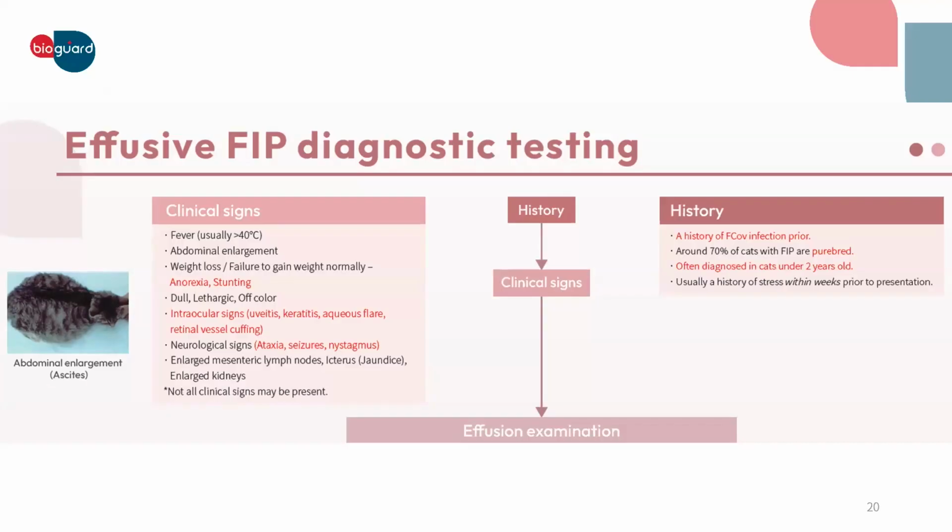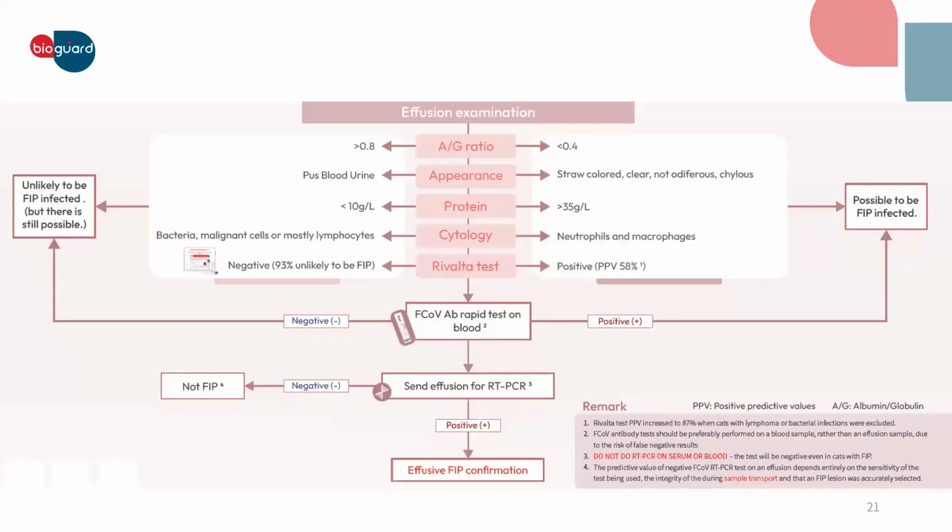Once it is identified that it could be an effusive form, the effusion or liquid examination has to be done, right? So after taking the history and clinical signs into account, and the symptoms that are more specific for an effusive FIP, the examination can be done through testing the A to G ratio, as well as the protein levels and the Rivalta test.